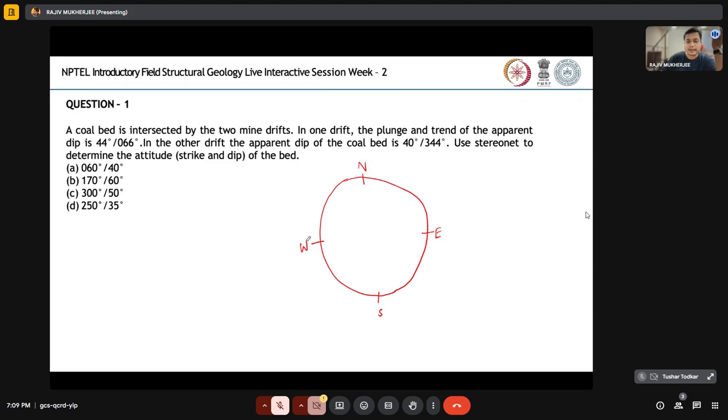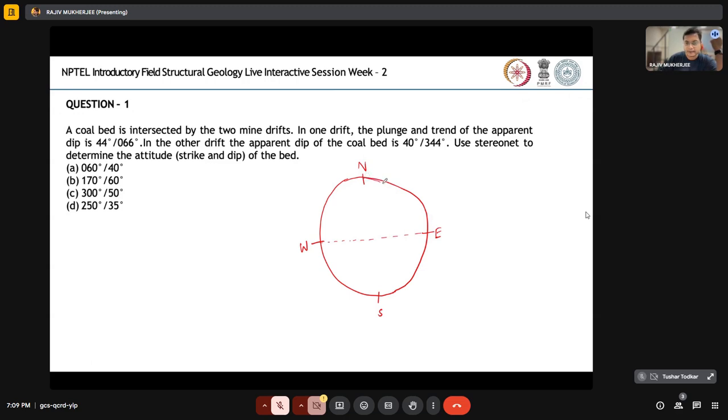Now, as we know, when we measure the dip, we always rely on the great circles of these stereonets. So this is my hemisphere or the equator of this stereonet, and these are 10-degree intervals of great circle.